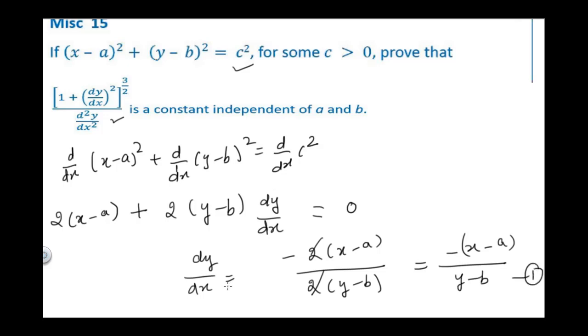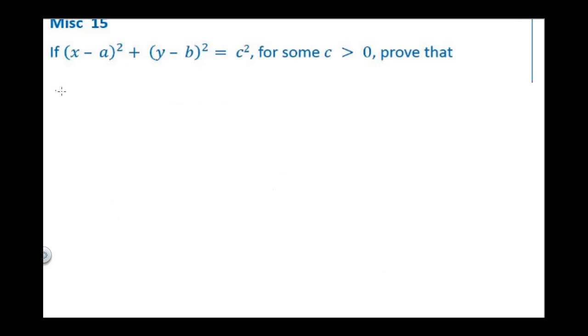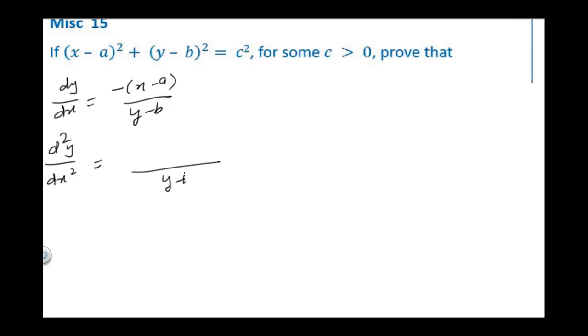Now we have to find the second order derivative, which can be done by using the quotient rule. So dy/dx we are getting as minus of (x minus a) upon (y minus b). Now differentiating it using the quotient rule, we get the second order derivative as, over (y minus b) whole square, (y minus b) as it is, differentiation of minus of (x minus a). Differentiation of x minus a is 1 and minus is there, so it will be minus 1, minus, now minus of (x minus a), so it will become plus as it is.